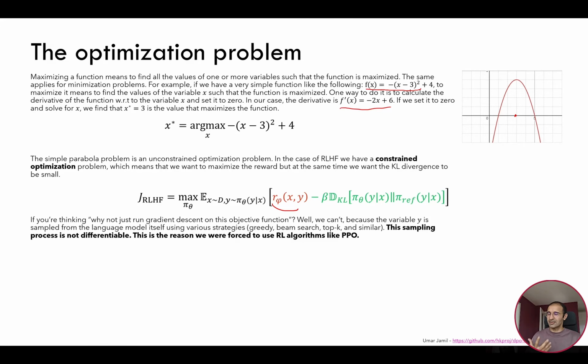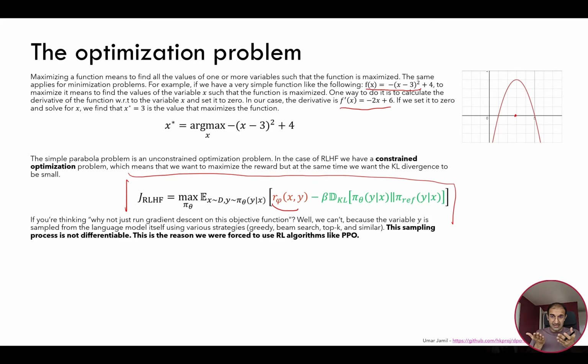But one thing you may notice is that this objective function looks like a loss function. So why can't we just use, for example, gradient descent to optimize this objective function such that we can train our language model to behave in a particular way to maximize this reward? Well, we could, but as you know, in deep learning and especially with backpropagation, we need an objective function or a loss function that is differentiable.